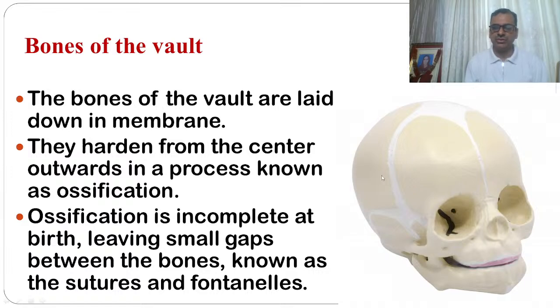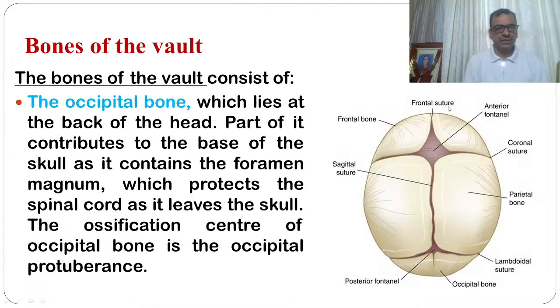These are known as sutures and fontanelles. The bones of the vault consist of, number one, the occipital bone posteriorly, which lies at the back of the head. Part of it contributes to the base of the skull, meaning some part lies below, from the base, and then it forms the part of the vault.